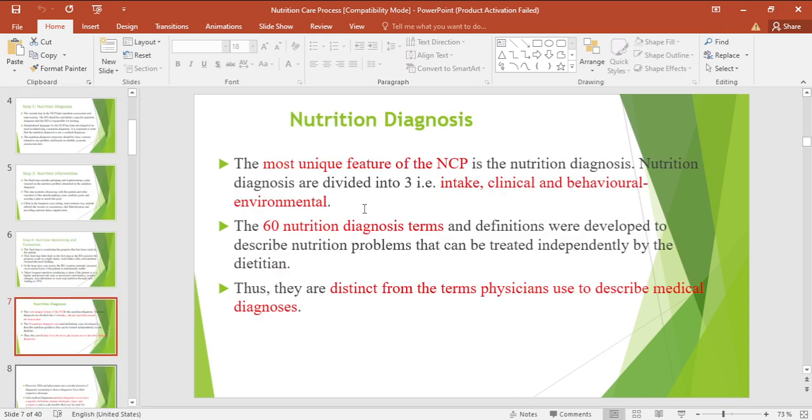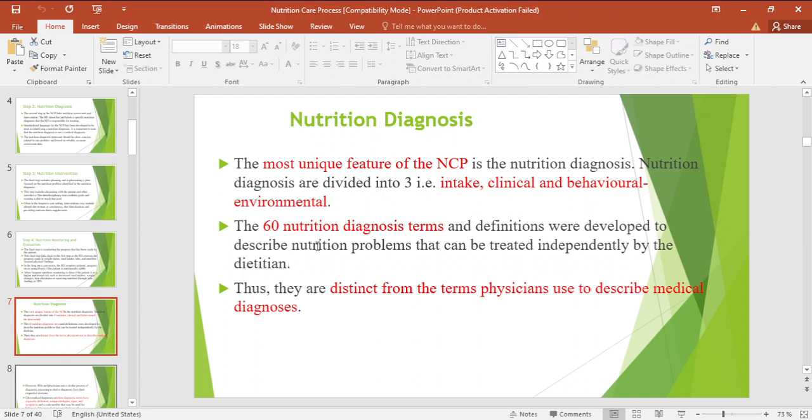In the nutrition care process, the most unique feature is the nutrition diagnosis, and it is basically divided into three: we diagnose according to intake, clinical, and behavioral or environmental factors.